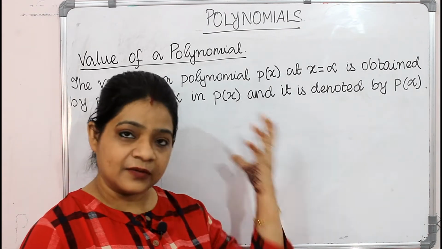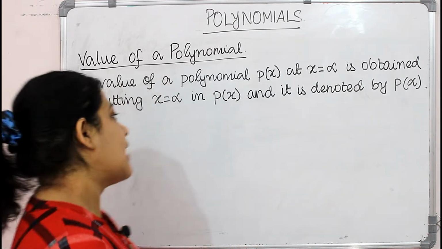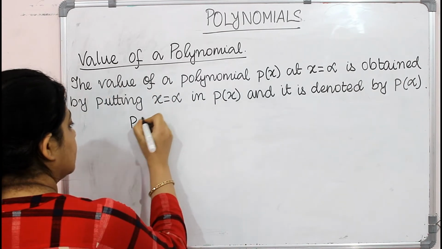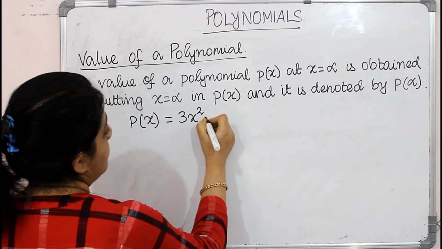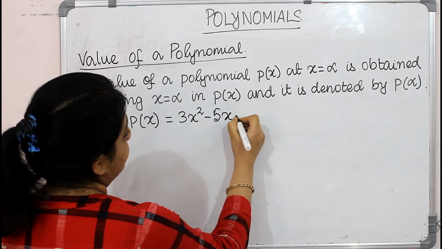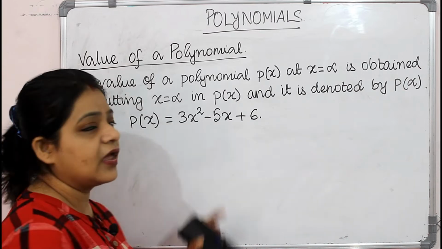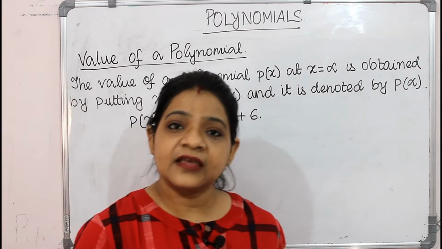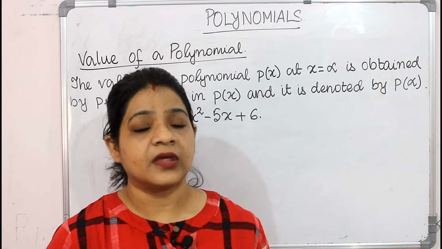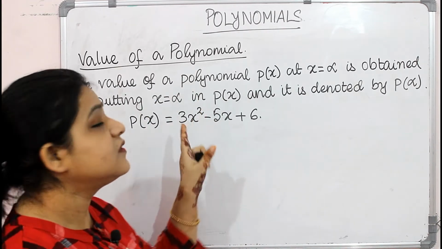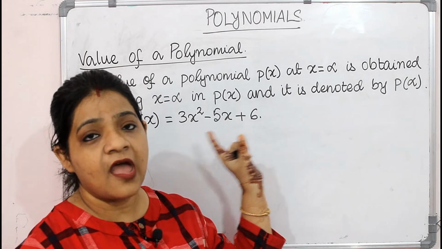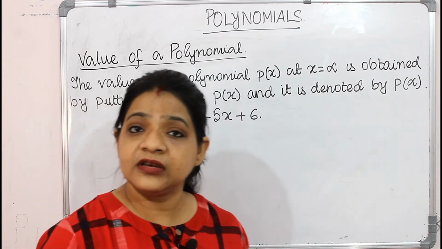Let me take an example: p(x) equal to 3x square minus 5x plus 6. This is a polynomial. Why? Because the powers, or the exponents, are positive integers.